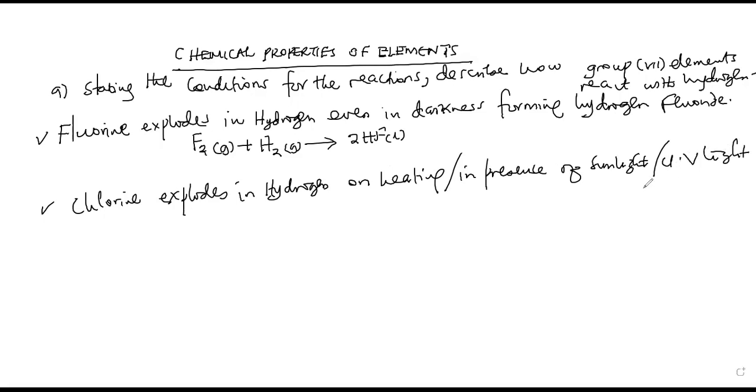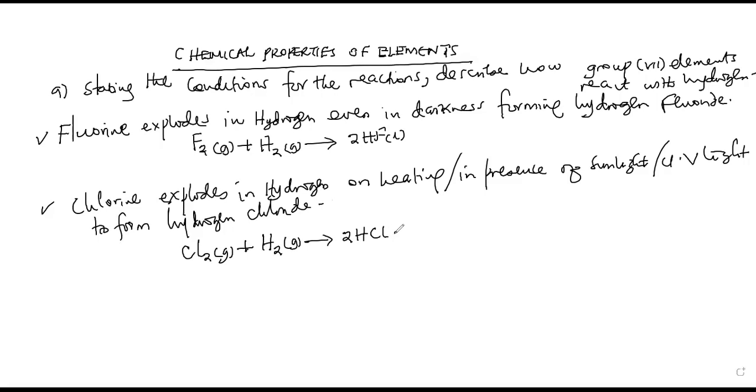Never write UV, write ultraviolet light, to form hydrogen chloride gas. So when you're writing this equation, you write chlorine plus hydrogen forming hydrogen chloride gas.